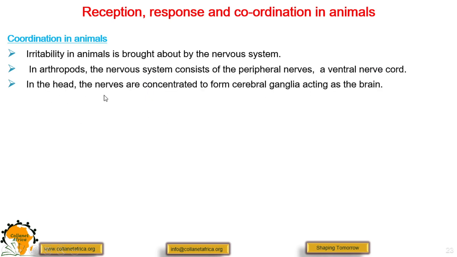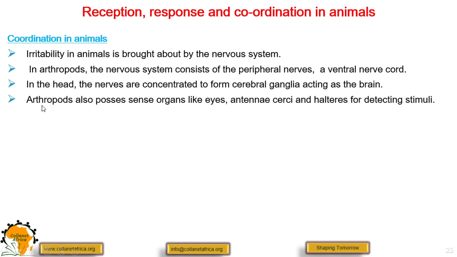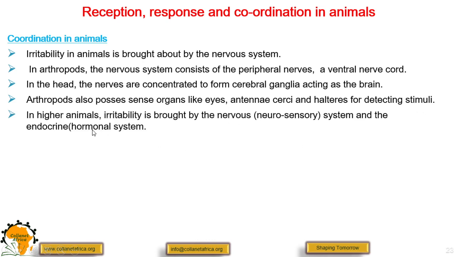In the head, the nerves form the cerebral ganglia, which acts as the brain. Insects also possess sense organs like the eyes, antenna, and halteres for detecting stimuli.